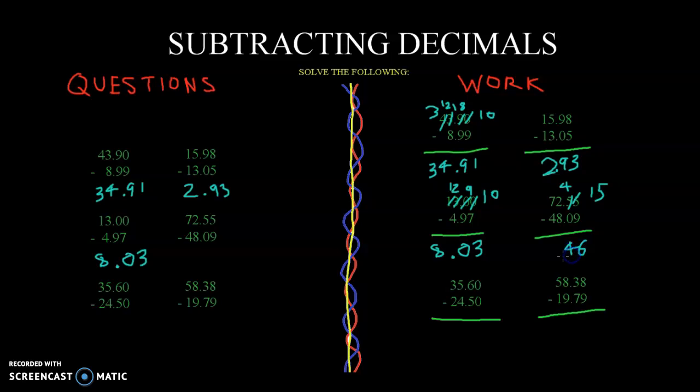Is that our decimal? And let's regroup this. So it turns into 12. 12 minus 8 is 4, right? So another 4. And 7 minus 4.